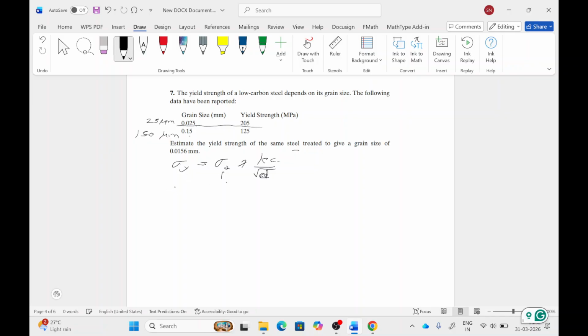So 205 equals sigma naught plus k by root 25, and the second equation, 125 equals sigma naught plus k by root 150.